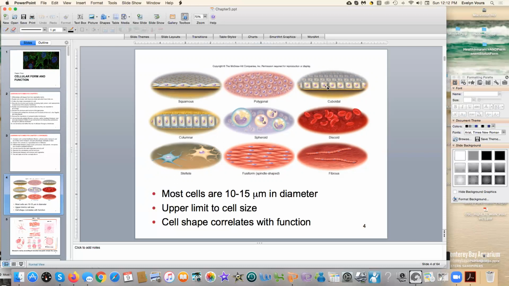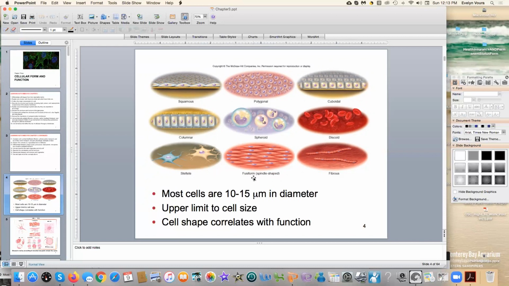Cuboidal are cubes, right? So you can see that there. Columnar, the same thing. Very often they have little appendages on them, which we'll talk about later. Spheroid, they are spheres. Blood cells, very often, yes, except for red blood cells, which would be classified as discoid because they look like discs, all right? Stellate, a classical stellate type of cell would be a neuronal cell body.